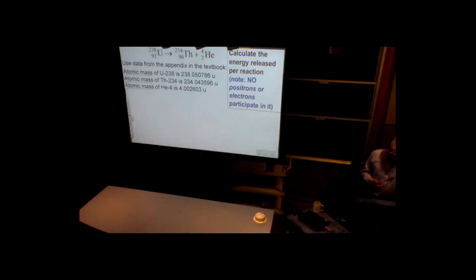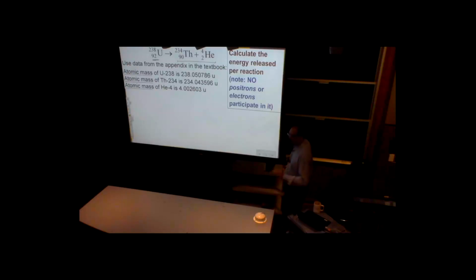But of course, if we wanted to, we could apply exactly the same approach to calculate the energy release in this reaction. And if we look at the left-hand side of this equation, and if we look at the right-hand side of this equation, we don't even see any beta particles.